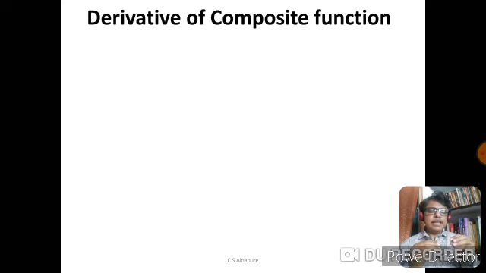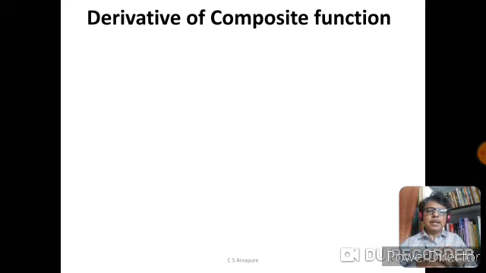So inside any standard function, instead of x we have any other term containing x, then it is called a composite function. For example, if we have y is equal to sine 2x, then also it is composite, because x is replaced by some term containing x.